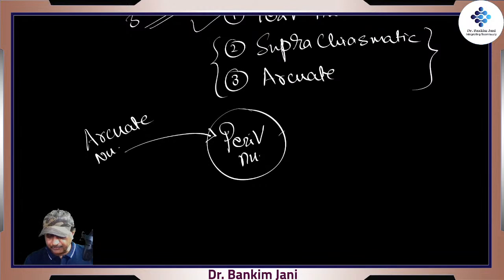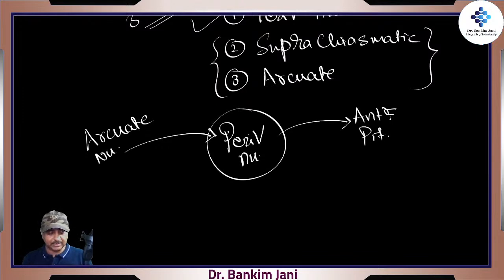But it feeds the anterior pituitary, right? So this is like a connection, the nucleus picking up things from arcuate to anterior. What will it be doing?